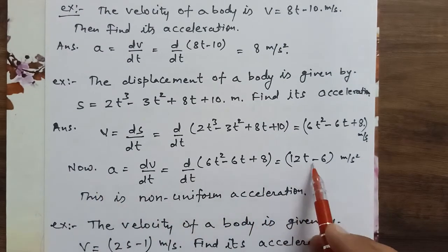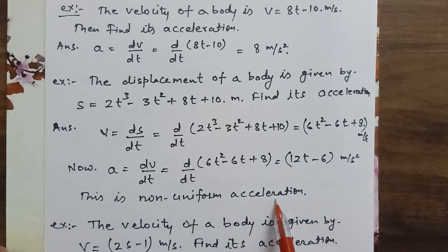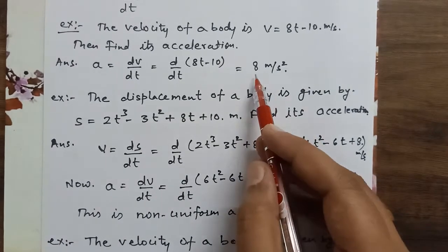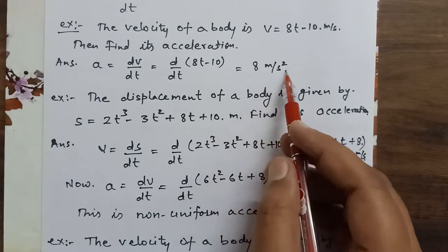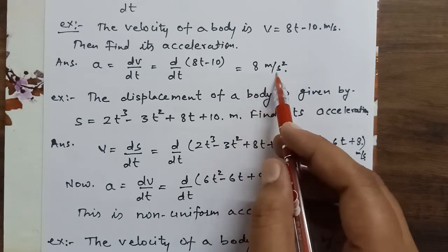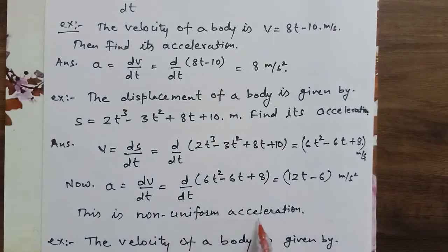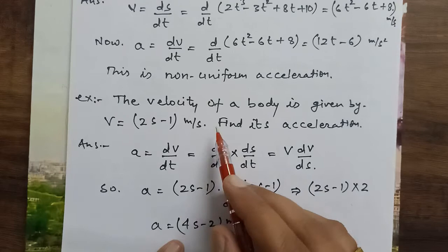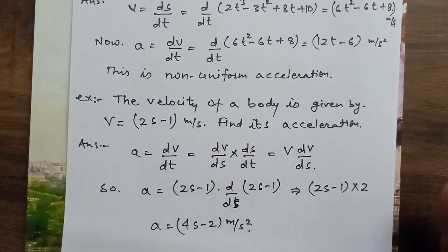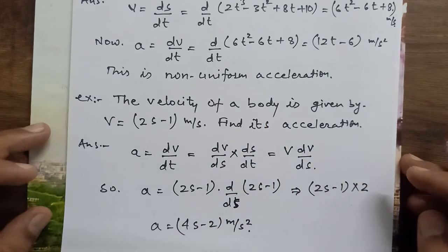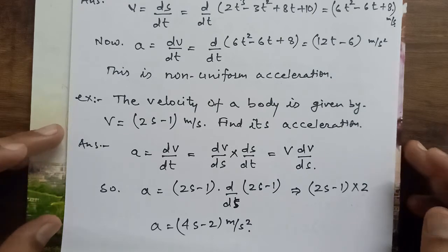So time dependent acceleration is called non-uniform acceleration, and in the previous one the acceleration was 8 meter per second square. So we got a uniform acceleration, and here is non-uniform acceleration.